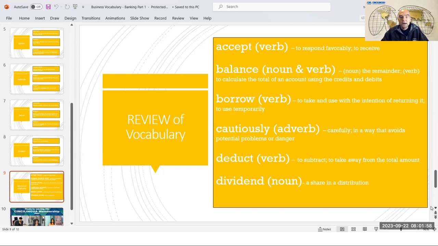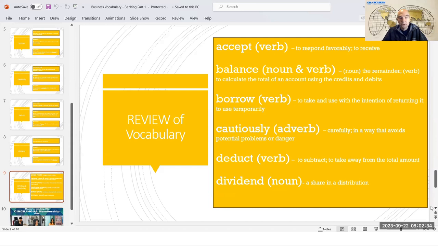Okay, to deduct is a verb. The related noun is deduction. The verb means to subtract or to take away from the total amount, or from a larger amount, is to deduct. So you deduct various things from your taxes, and we would call that a tax deduction, to use a noun there. Just for example.